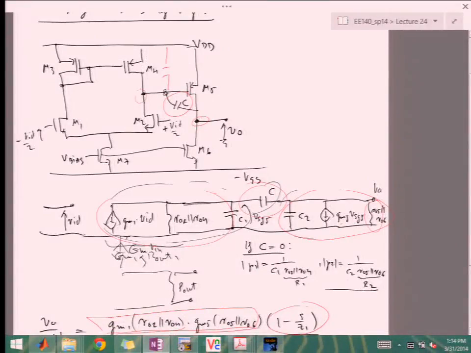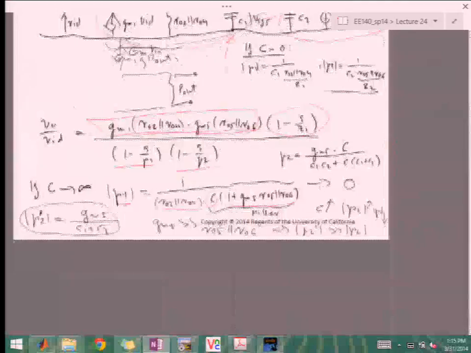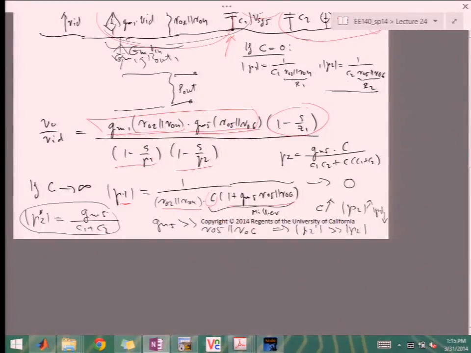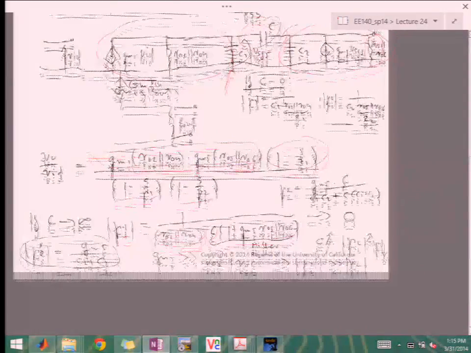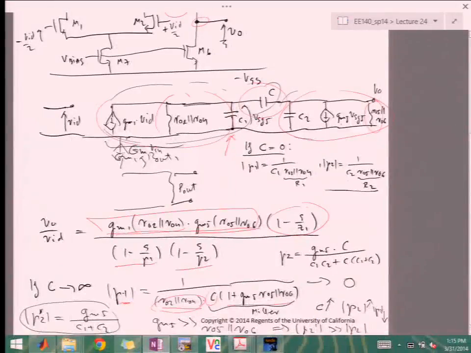So when we break the feedback of this Miller capacitance, what's lumped to C1 is essentially C times the gain of the second stage. That is then limited by the output resistance of the first stage, and that gives us the dominant pole. You could go about it via dominant pole analysis or by open circuit time constant as well.